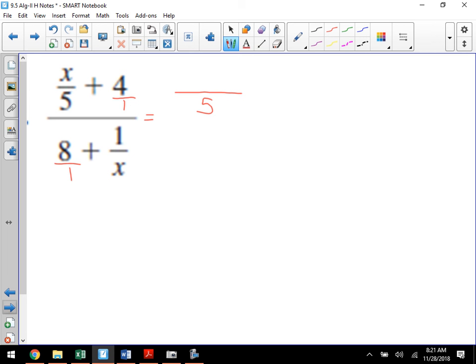Fraction on the left has a 5. Fraction on the right needs a 5. Okay. So far, so good.